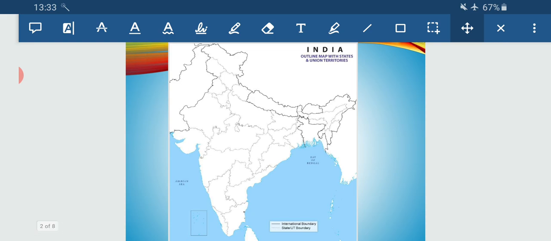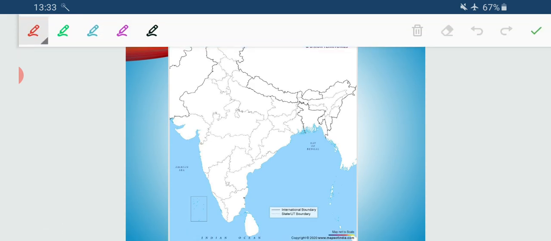Now here you can see a map is there, and the first factor that influences the Indian climate is related to the latitude. Now the most important latitude for our country is the Tropic of Cancer.